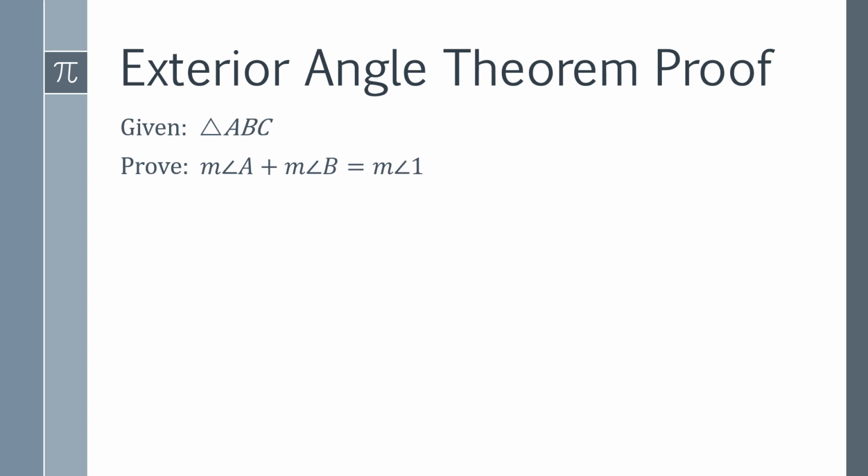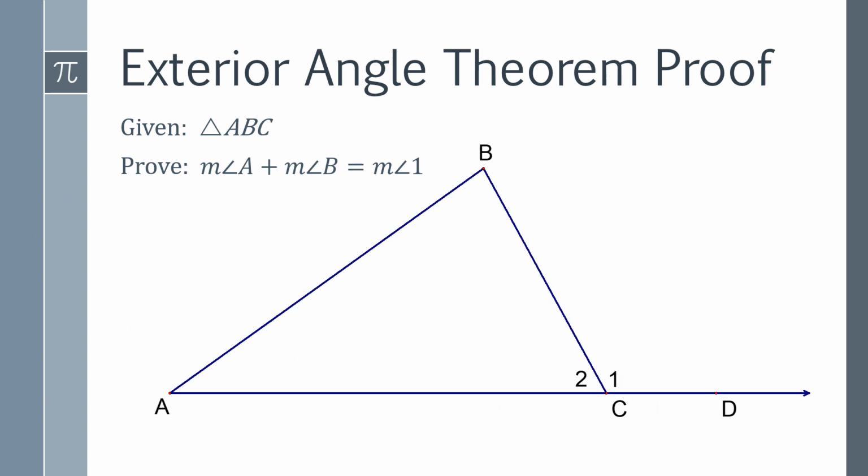So, given triangle ABC, prove the measure of angle A plus the measure of angle B equals the measure of angle 1. So, here we are. I have triangle ABC. Because they're a linear pair, angle 1 plus angle 2 is equal to 180, right?